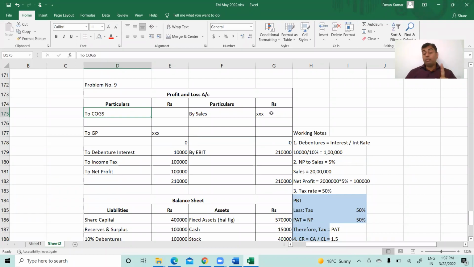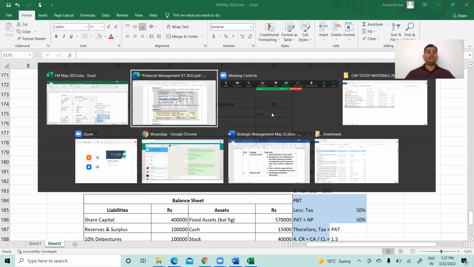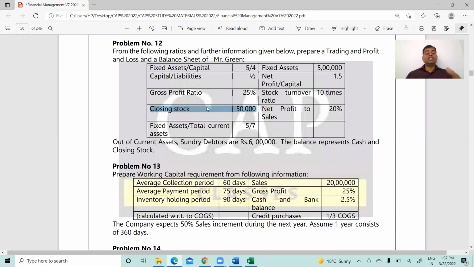But in the problem, when they have given either opening or closing stock, since you have an opportunity to calculate opening or closing stock using average, which is possible through the stock turnover ratio, you need to write all these things: to opening stock, purchases, closing stock. Otherwise, if you just put sales on this side and cost of goods sold, gross profit on that side, you will not get marks. So in this problem, because the stock turnover ratio is given and closing stock is given, you have to calculate opening stock also. That's all. Then nothing else is there.